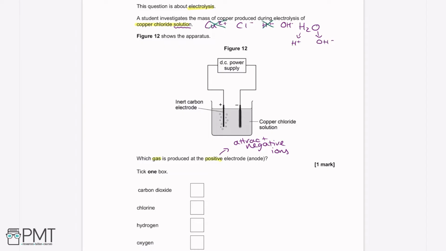So we're left to think about maybe chlorine gas or this OH minus. Well, if you think back to the priority rules of what will be formed at each electrode, a halide ion will always take priority at the anode. Therefore, the answer to this question was chlorine gas, for 1 mark.